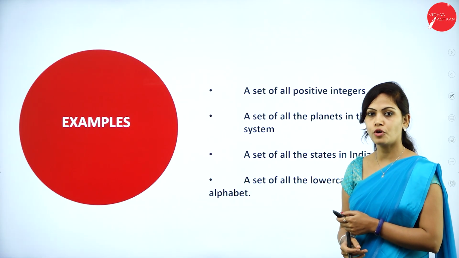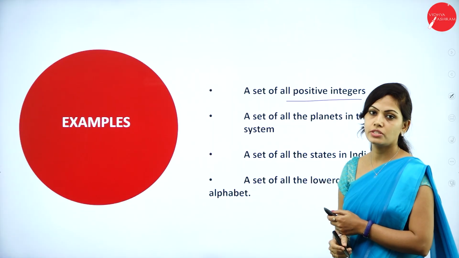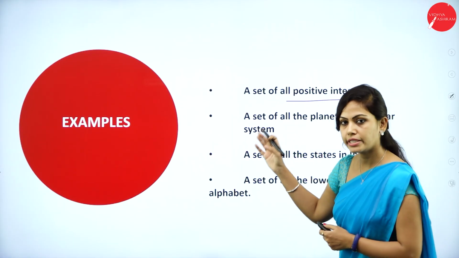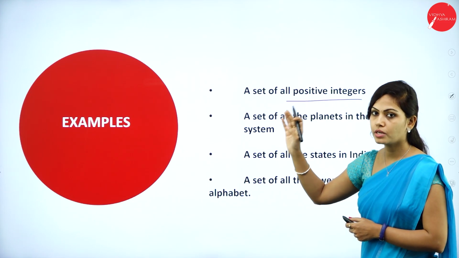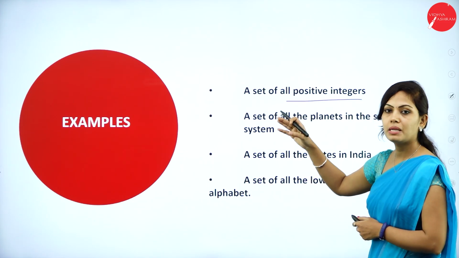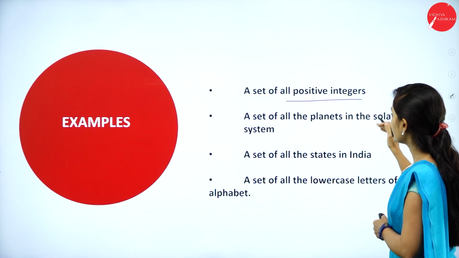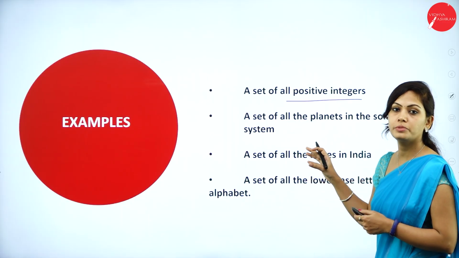So, examples for sets: a set of all positive integers. A set means a collection of objects. We can take this example: set of all positive numbers, that means 1, 2, 3, 4, 5, etc. And a set of all the planets in the solar system. It is an unordered collection of objects.